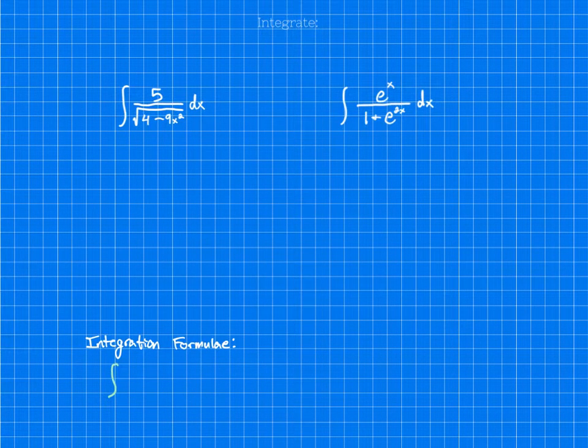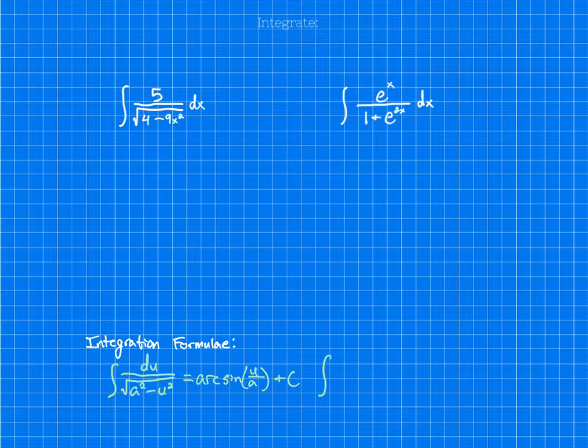The integral of du over the square root of a squared minus u squared is equal to arcsine of u over a plus c.